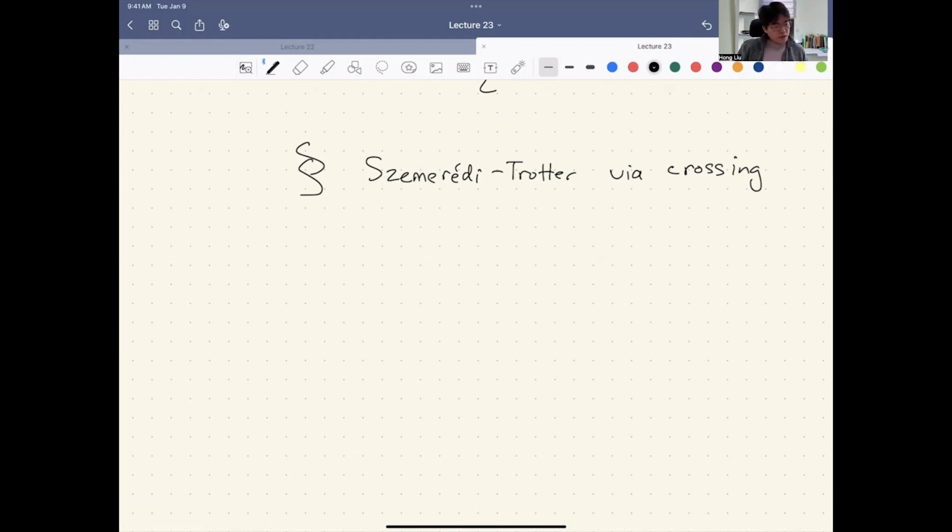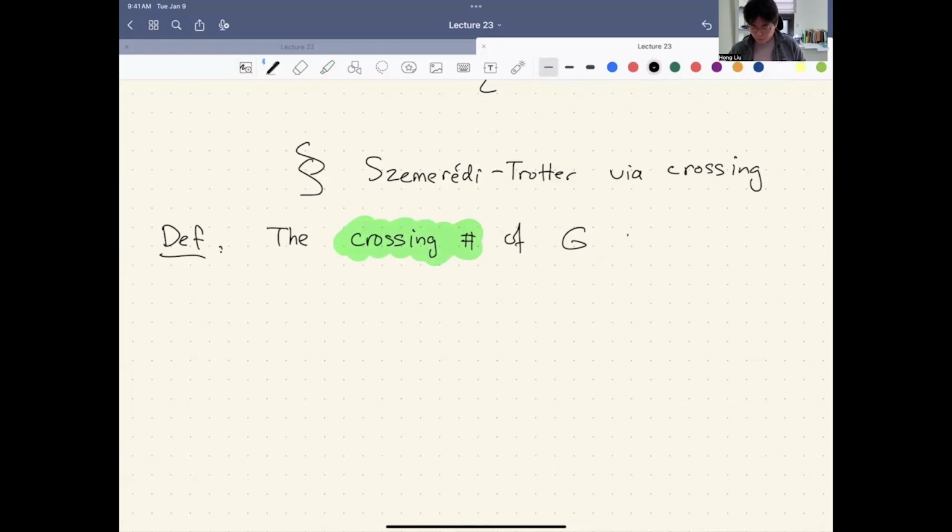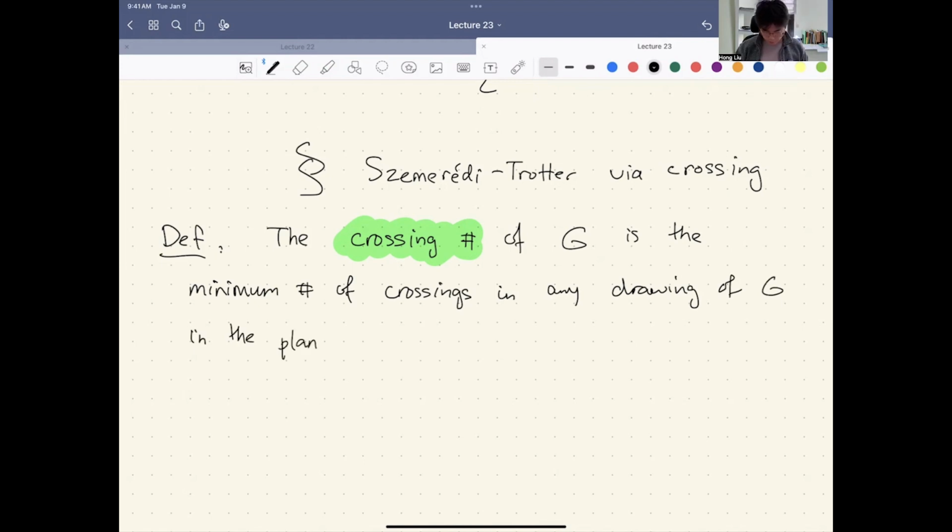So let's formally define crossing. Definition: for a graph G, the crossing number of G is the minimum number of crossings in any drawing of G in the plane R2.